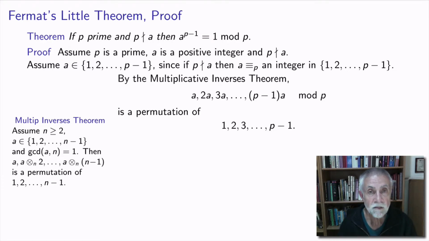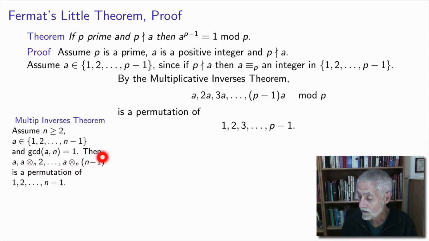And then, by the multiplicative inverses theorem, which I've repeated here, if n is bigger than or equal to 2, and n in this case is the prime P, and A is some number between 1 and n minus 1, so in this case between 1 and P minus 1, and the greatest common divisor of A and n is equal to 1, so A and n have no factors in common, which because P is a prime is the same as saying that P doesn't divide A. So in the particular case of the multiplicative inverses theorem where n is prime, this condition is automatic in the situation of our theorem.